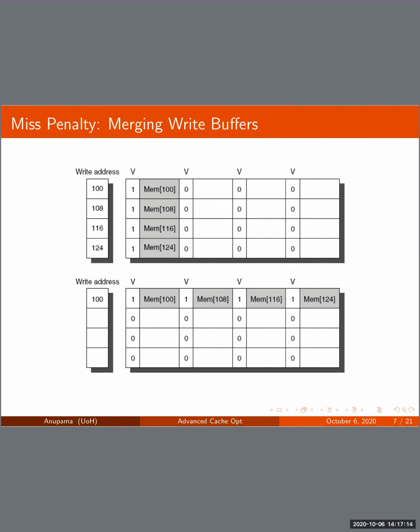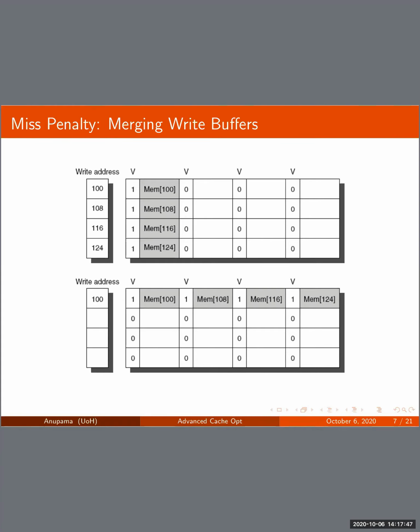So that is one thing. And the second thing is the write buffer. If you look at the contrast between the top and lower images, in the top image, even though 3/4 of the buffer is free, there are no more entries to index into the write buffer. Therefore, it cannot accommodate any more entries. Whereas in the lower figure, you have a lot of entries free and you can add more entries into the write buffer.